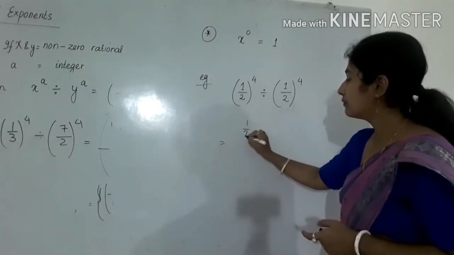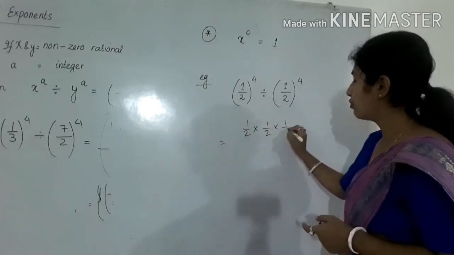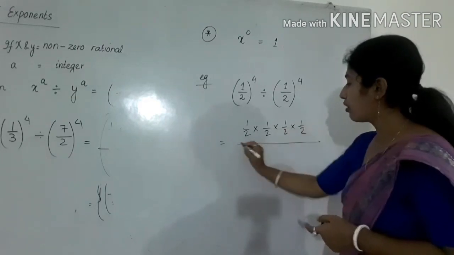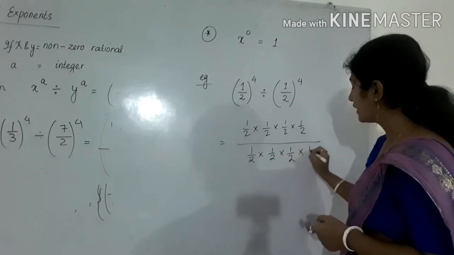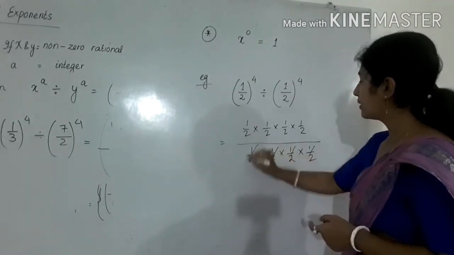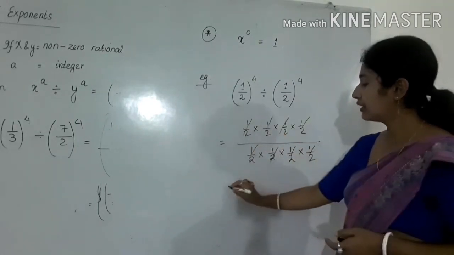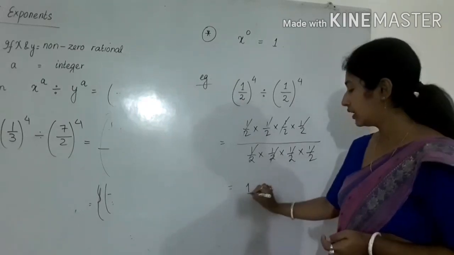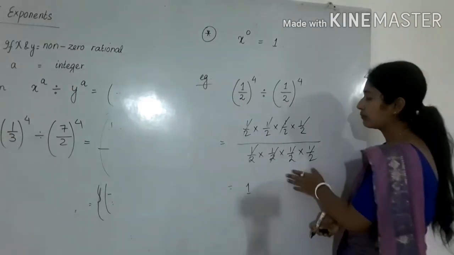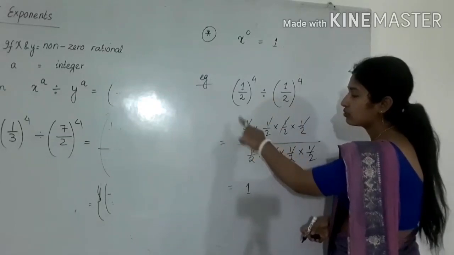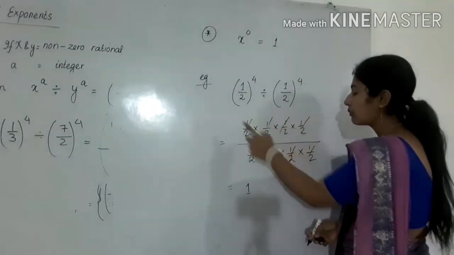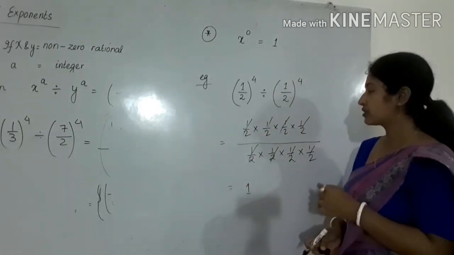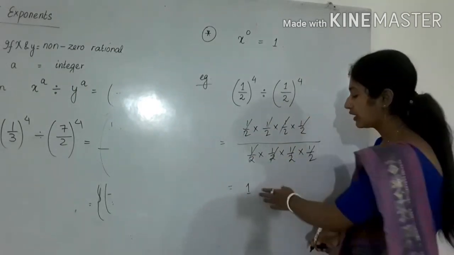In the numerator we have 1 by 2 four times, and in the denominator also we have the same terms. So all the terms will get cancelled. What will be the remaining term? The remaining term is 1, because 1 by 2 ones are 1 by 2. So here we are getting 1, again here we are getting 1. 1 will be multiplied 4 times.